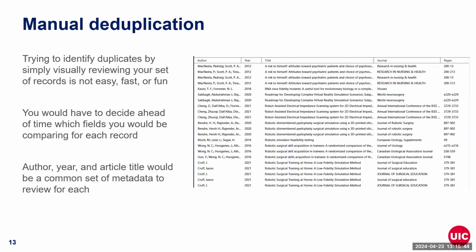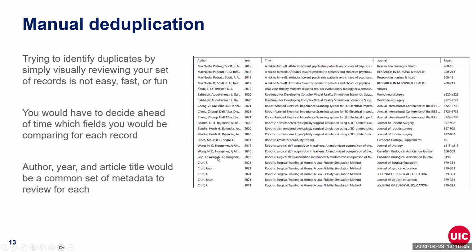Oh, wait, no, that's not a difference. And sometimes it's hard to flag where the differences are. And when you're trying to look here, I've ordered it by title, but we're also looking at the author over here and the journal. See, okay, we're going down here. This title looks the same. Oh, wait, the first author is different.